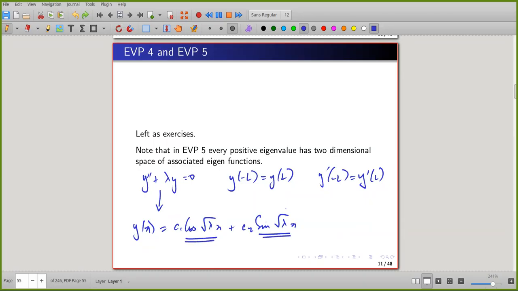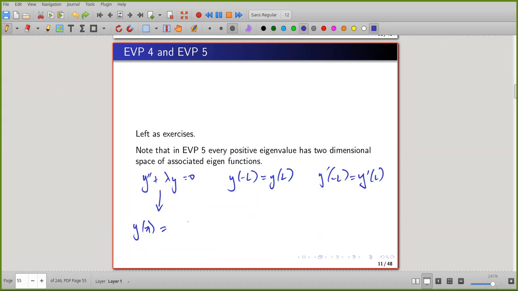So once you have the eigenvalues, the space of solutions will be two-dimensional, because you can take any linear combination of those. This is going to be an easy exercise, so I don't want to do it right now.